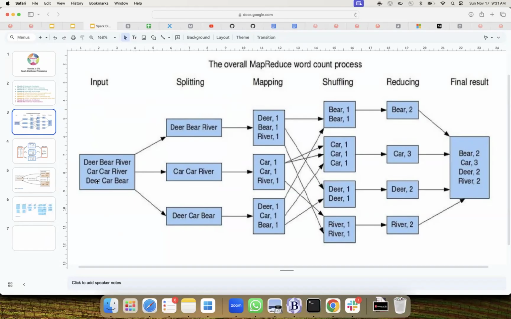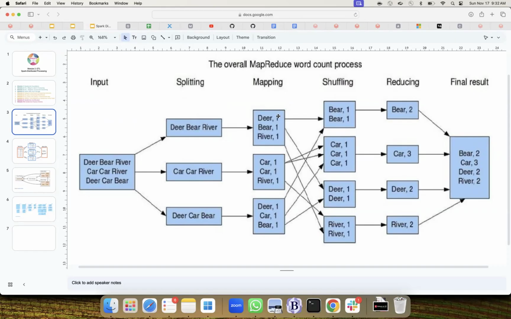If I have an input file like this, I want to do a word count of all of these words. So what it does is it splits into smaller data sets or partitions. And these partitions are distributed across your cluster machines. Now, let's say deer is one, bear is one, river is one, car one, river.